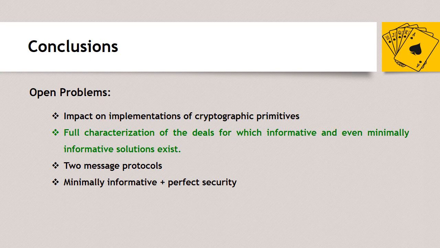Moreover, a full characterization of the deals for which informative and minimal informative solutions exist is yet to be reported, since known solutions are limited to only a few instances of the generalized problem. The further study of two-message protocols would be particularly interesting since such protocols are optimal in terms of communication complexity.